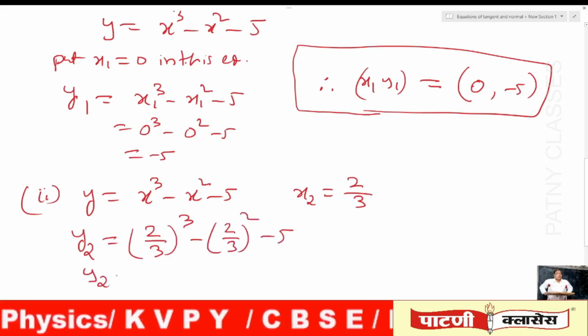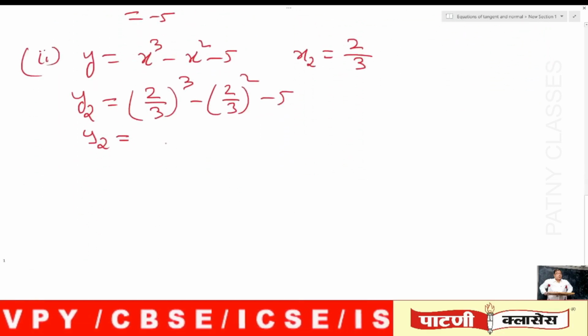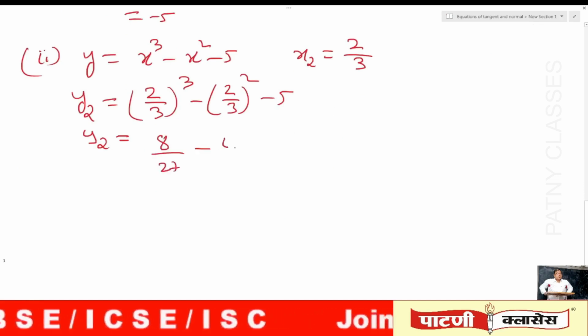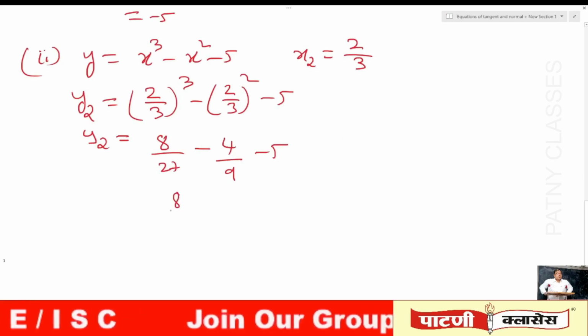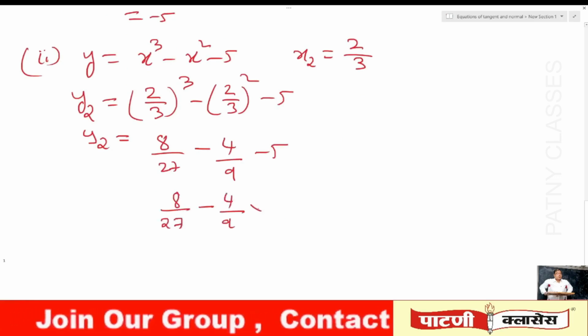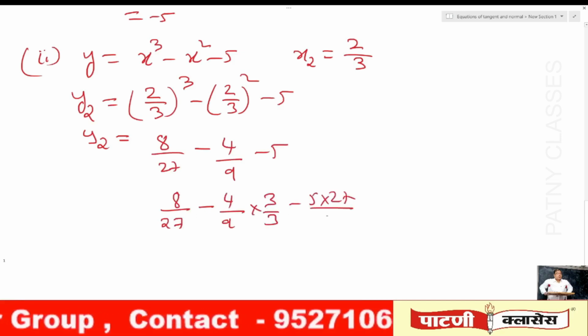So y2 equals 8 upon 27 minus 4 upon 9 minus 5. Equalizing the denominators, here is the 27, make it 27, so 3 by 3, and here 27 upon 27.